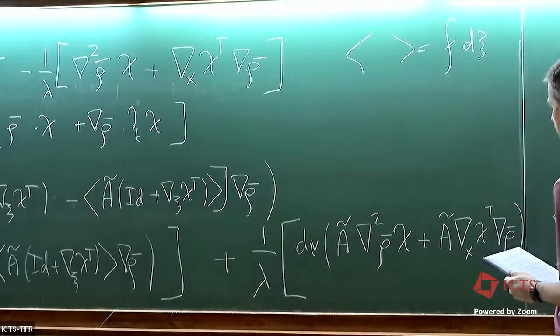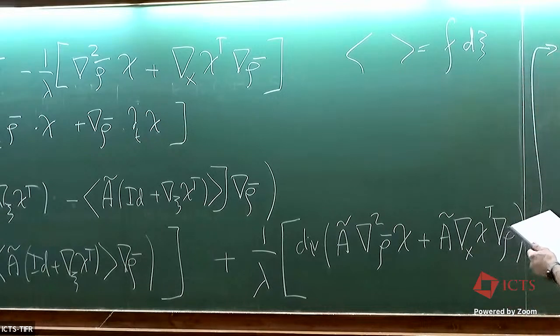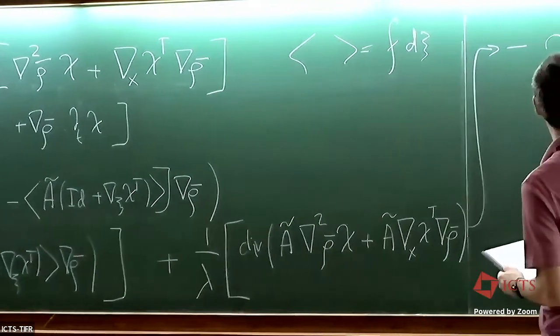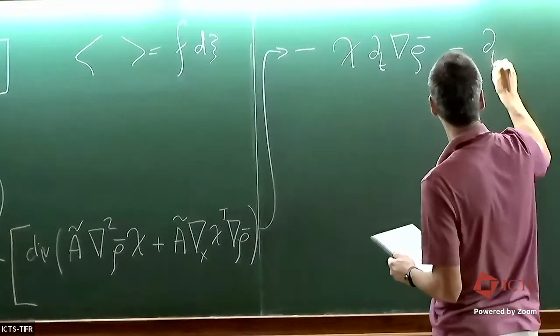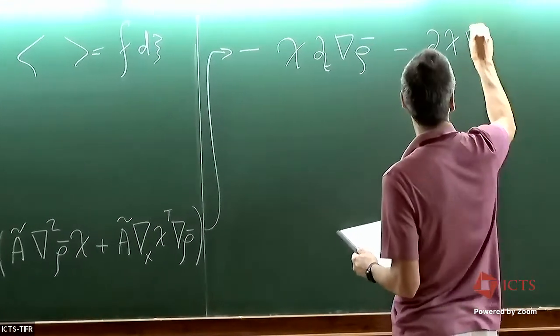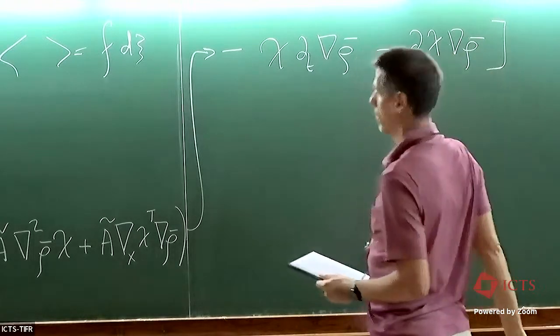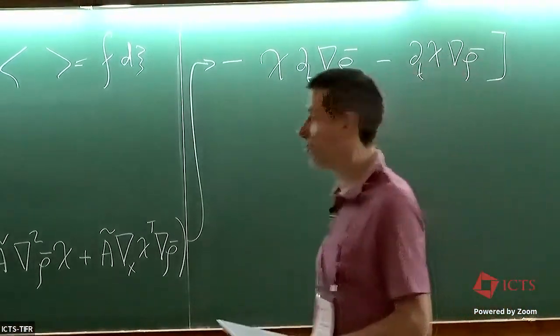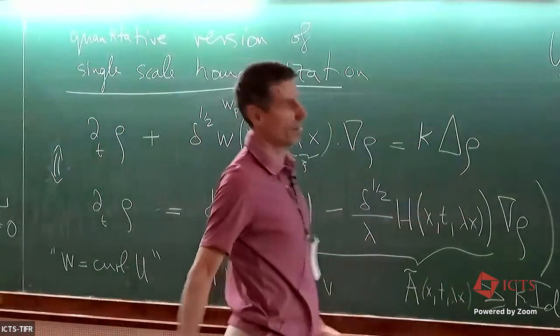And this is still inside this bracket, minus chi dt grad rho bar minus dt chi grad rho bar. So the dt terms are just copying these ones. There's a dt here, and the other one is inside the divergence.